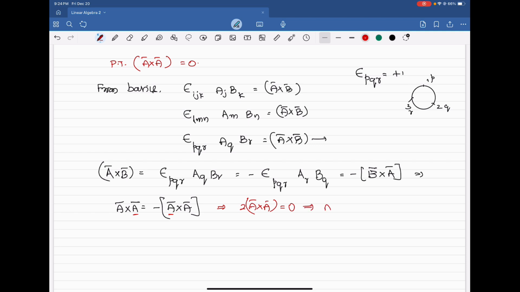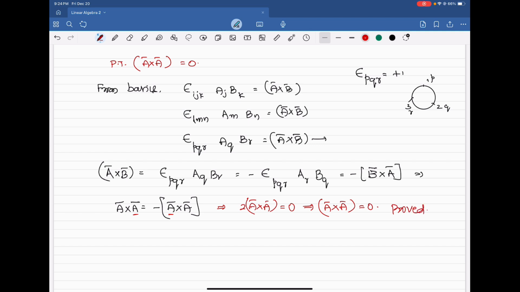This implies A cross A is equal to 0. Here we have not gone into the details of sin theta, cos theta and all this. Using the Levi-Civita symbol and Kronecker delta, we have proved that A cross A is equal to 0. Proved.